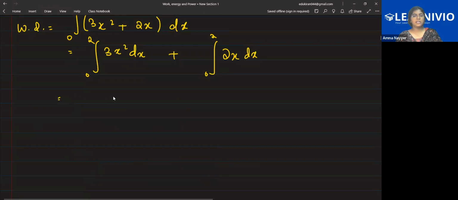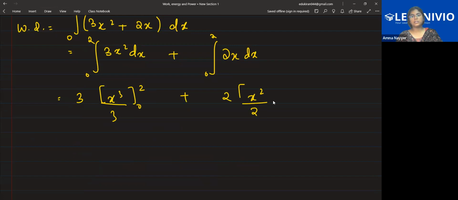So this is 3x cubed by 3 from 0 to 2 plus 2x square by 2 from 0 to 2. So this gets cancelled.